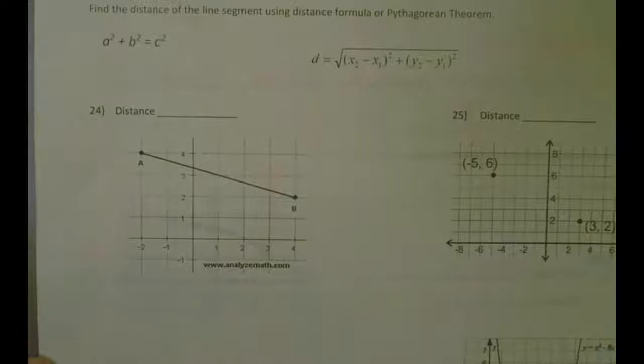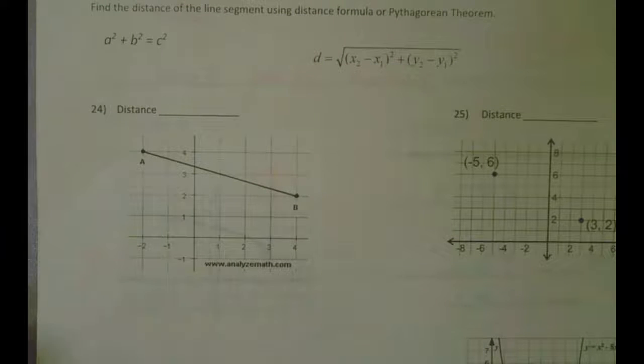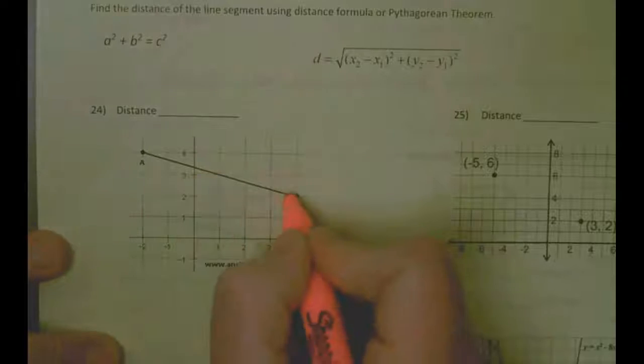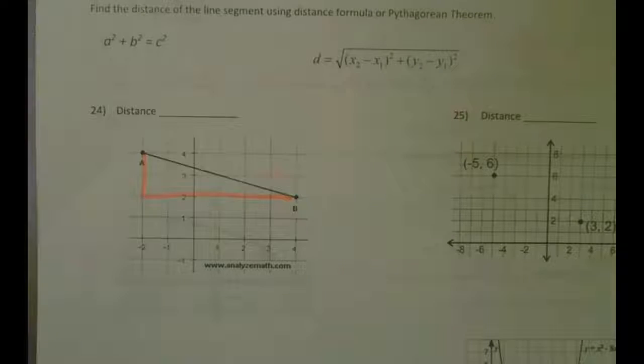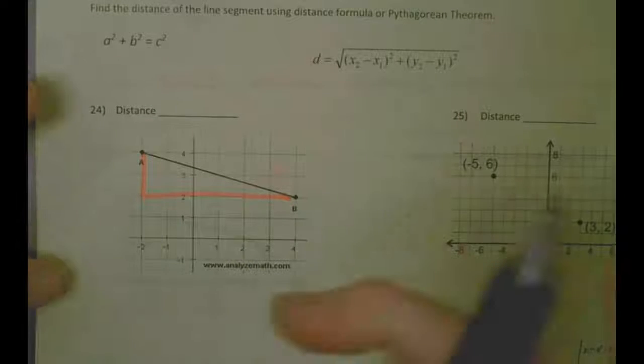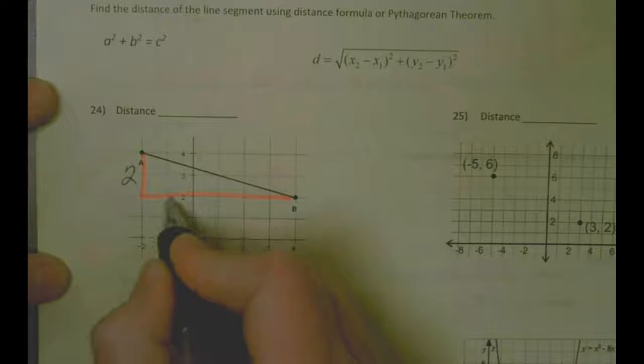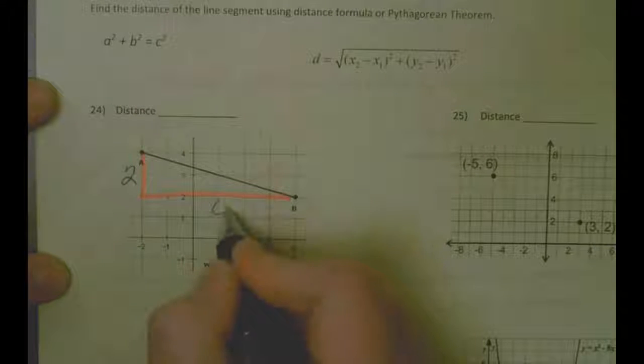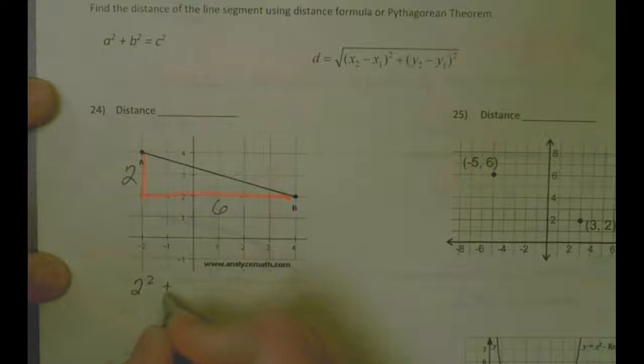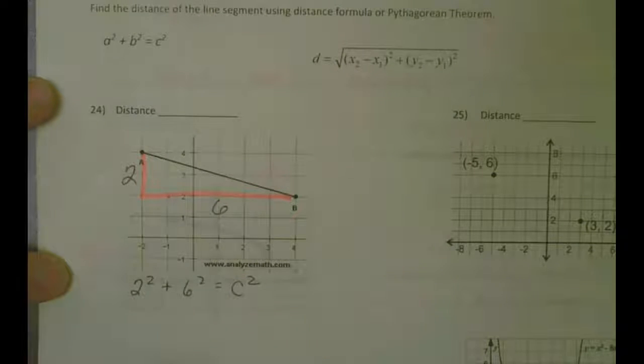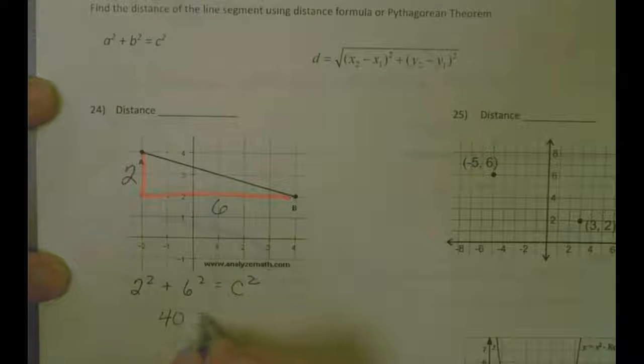To find the distance, the easiest way is to make this into a right triangle. This would be 2. And this would be a squared plus b squared equals c squared. This would be a 40 equals c squared.